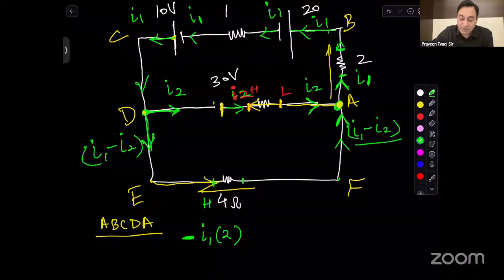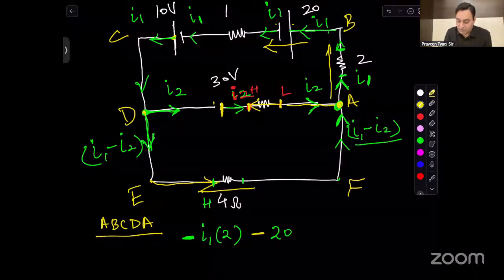Now we are moving from the positive terminal to the negative terminal, so the potential difference across the battery will be 20. But my path is in this direction, going from the positive plate to the negative plate, so minus 20.